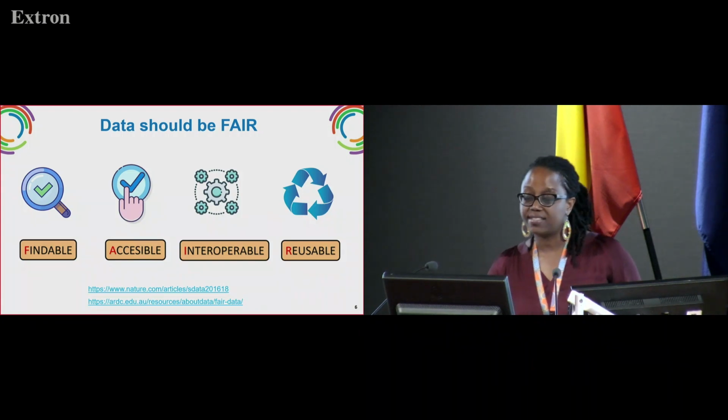So in 2016, some principles were published, the FAIR Guiding Principles for Scientific Data Management and Stewardship. They said that data should be FAIR. It should be findable, meaning that it's indexed somewhere and has good metadata around it. It should be accessible, such that once you find it, you're able to retrieve it.